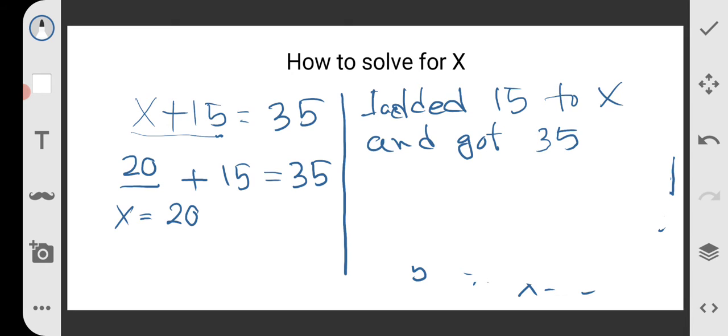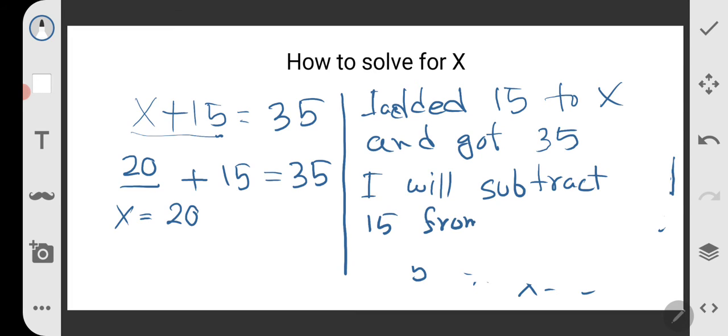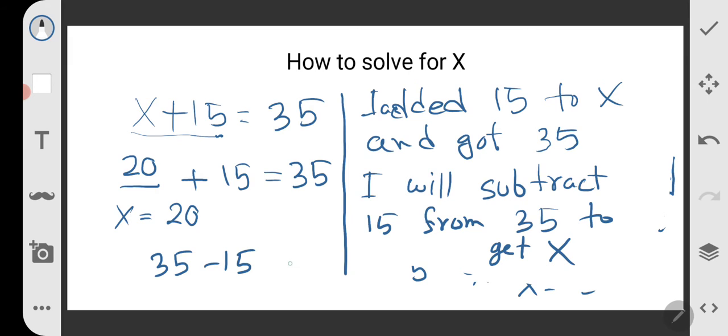So again, working backwards, since I'm adding 15 to x to get 35, I will subtract 15 from 35 to get x. Okay, so you're going to subtract 15 from 35, and if you do that, 35 minus 15 will give you 20. So again, x is 20. So this approach is called working backwards.